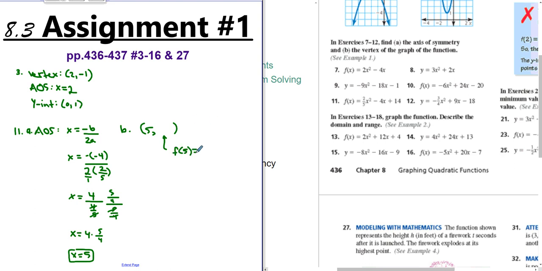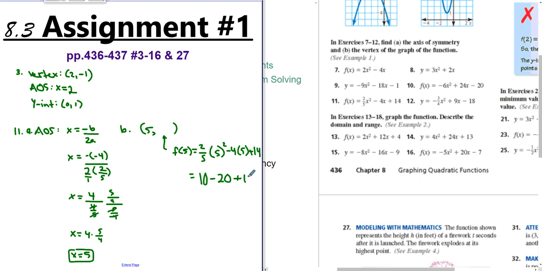f of 5 equals 2 fifths times 5 squared minus 4 times 5 plus 14. So I'm just using my equation here. I'm plugging in 5 anywhere I see an x. Follow the order of operations to simplify. So I get 2 fifths times 25. 25 divided by 5 is 5 times 2 is 10. Minus 4 times 5 is 20.